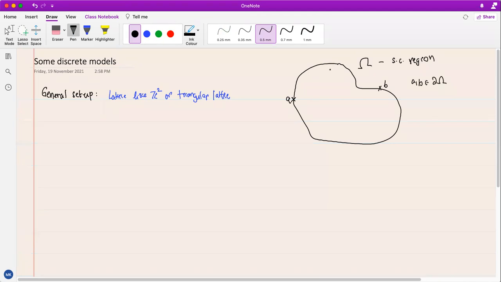You could take omega to be a slit domain, and A and B could be the two sides of the slit, so to speak. Anyway, don't worry about all that. What we do is we discretize this. You fill it with a fine lattice, a scaled picture of your lattice.